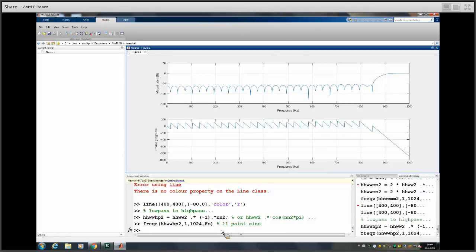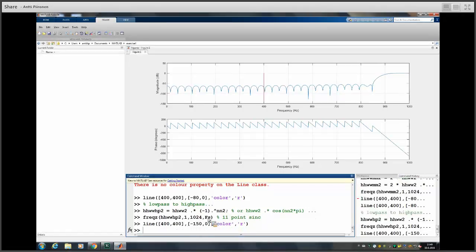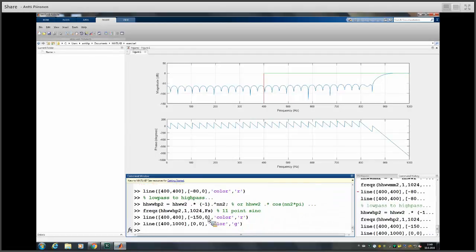Now the question is, if my design required a cutoff frequency of, for example, 400 Hertz for that high-pass filter, then I would need a filter with that green bandwidth, so 600 Hertz bandwidth.